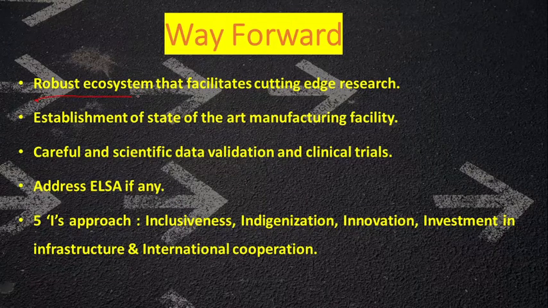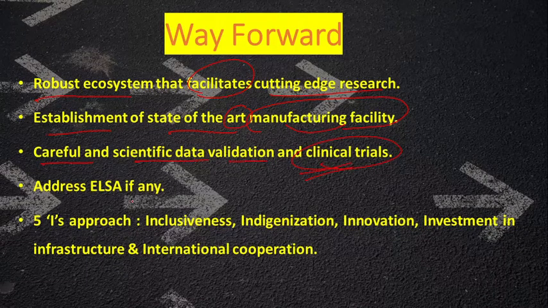So first of all, we require a robust ecosystem that facilitates cutting edge research, because that is where new innovations arise. And then there should be establishment of state of the art manufacturing facilities, along with careful and scientific data validation and clinical trials.